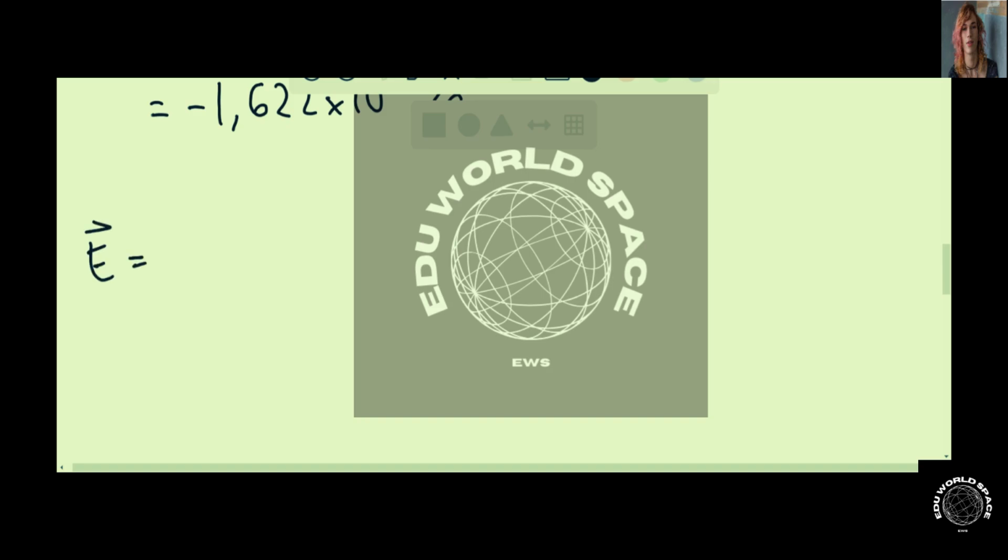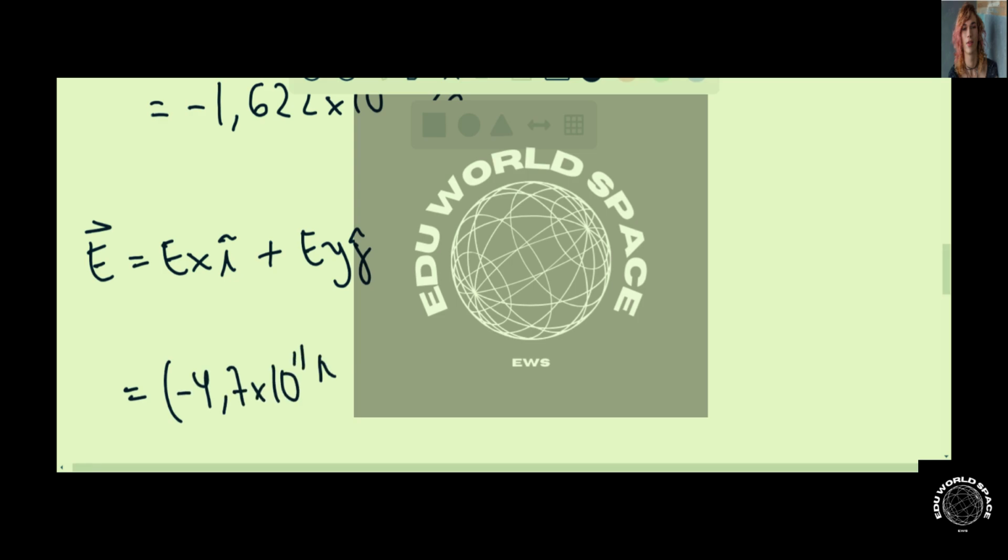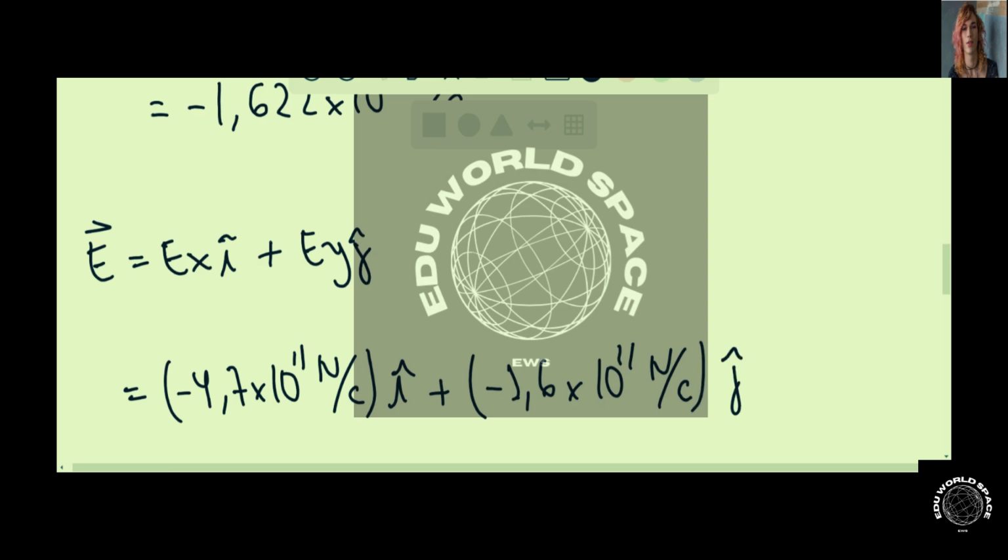The net electric field is just the x component in the x direction and the y component in the y direction. So it will be minus 4.7 times 10 to the 11 newtons per coulomb in the x direction, plus minus 1.6 times 10 to the 11 newtons per coulomb in the y component.